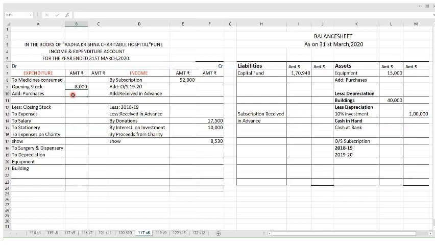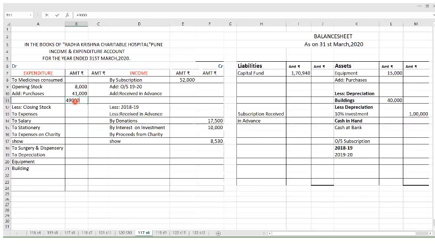Then here the purchases is given to you, buy medicines purchase. So we're going to add that purchases from the payment side to the expenditure, add purchases 41,000. We're going to take the total of that and put the total in the inner column only, 49,000.